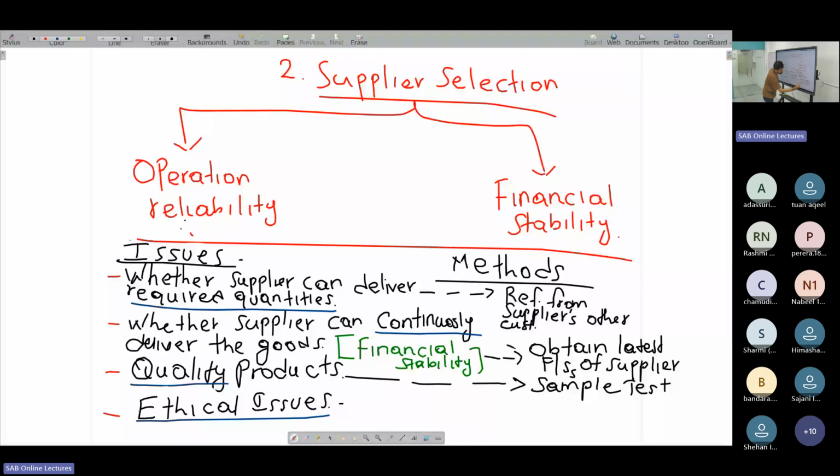Obtain written confirmation. So these are the issues to be evaluated and methods of evaluating supplier selection.